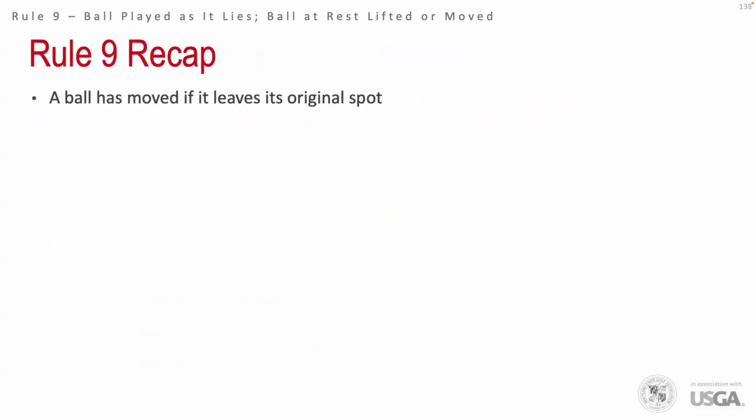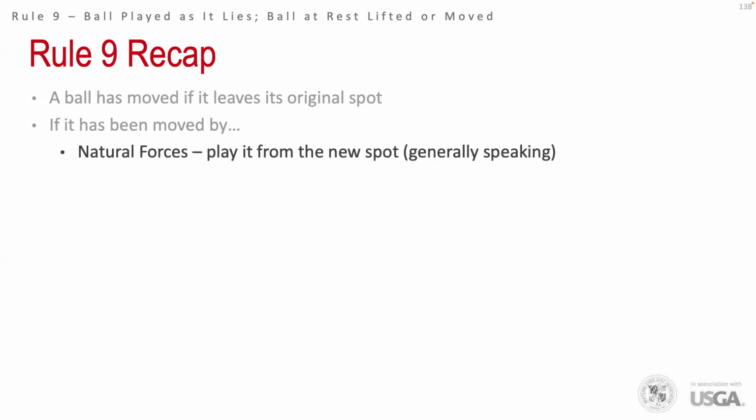So here's our Rule 9 recap. A ball has moved if it leaves its original spot. This is, again, we're living in our rules of golf world, where if it oscillates or wobbles, never leaves its original spot, it hasn't moved. If it has been moved by natural forces, we're going to play it from the new spot, generally speaking.